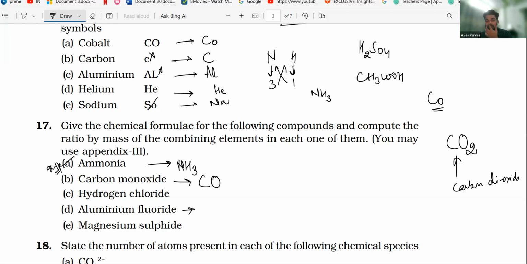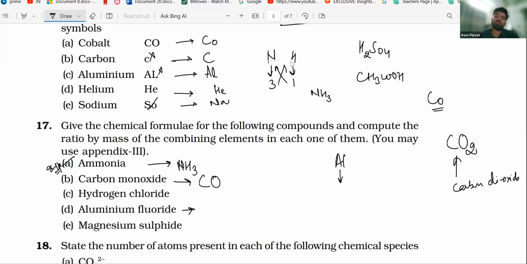Aluminium fluoride. Formula for aluminium fluoride. What's the valency of aluminium?